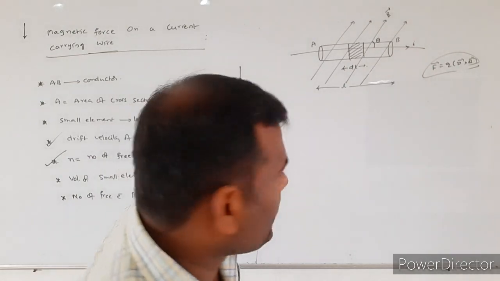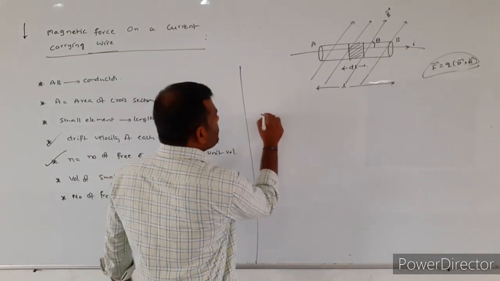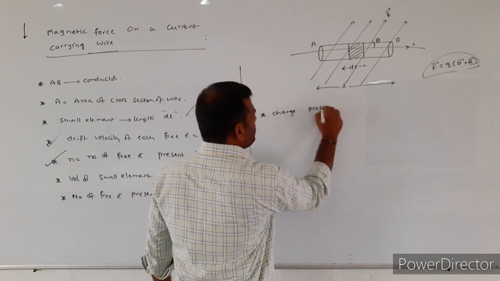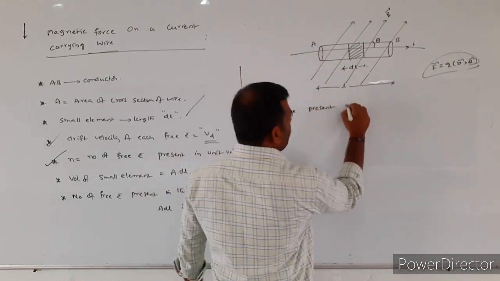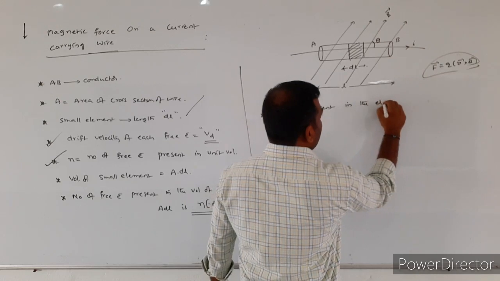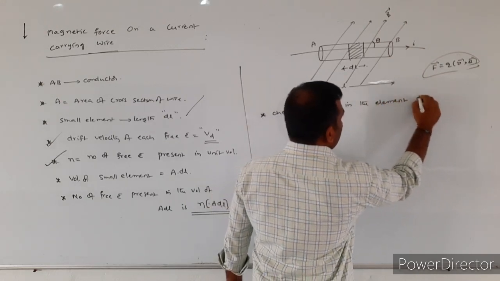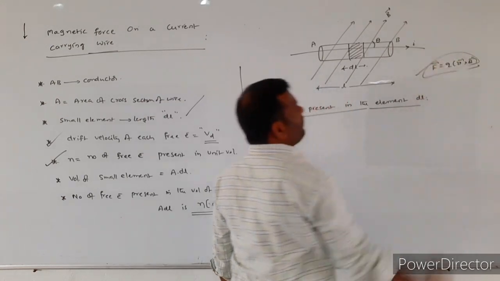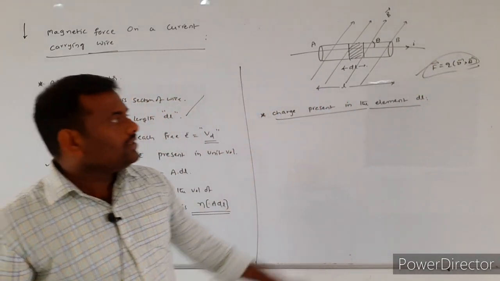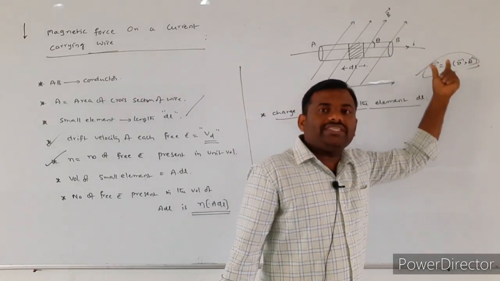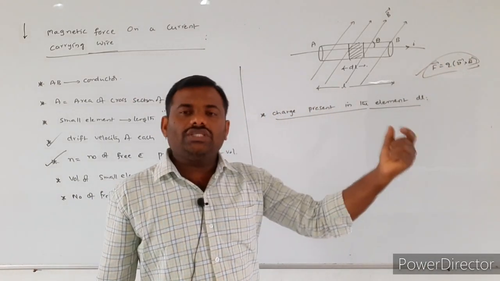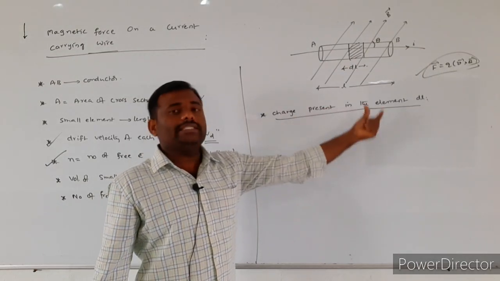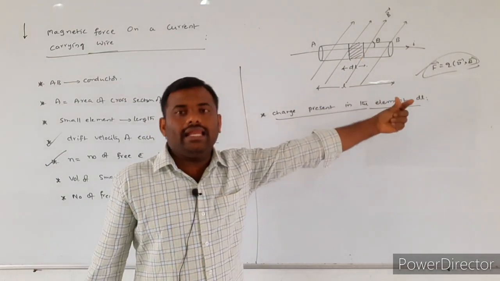Now, coming to the charge present in the element dl. To calculate the force, what value is needed? The amount of charge is needed. So I want to calculate the amount of charge present in the dl element.